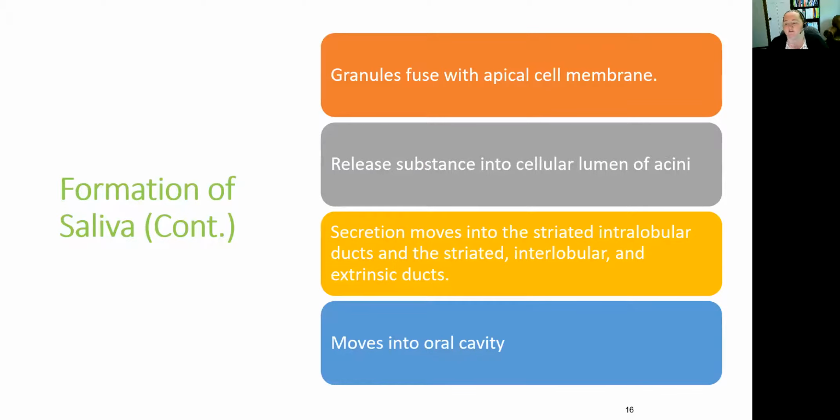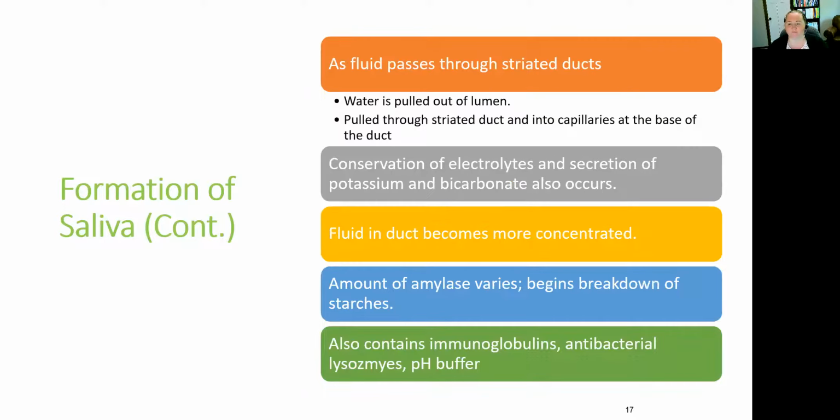The secretion moves into the striated intralobular ducts and the striated interlobular and extrinsic ducts, and then it moves into the oral cavity. As fluid passes through striated ducts, water is pulled out of the lumen and pulled through the striated duct into the capillaries at the base of the duct.